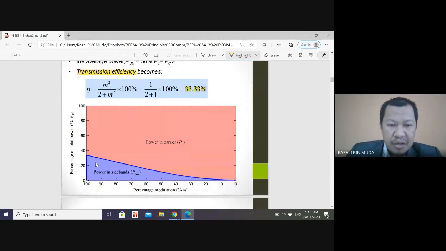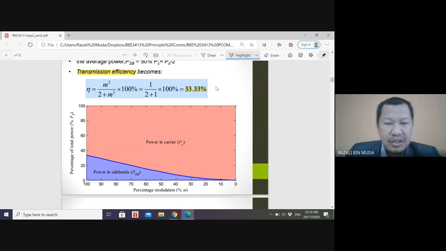From this figure, we can see clearly that when we change the percentage modulation, the power in the carrier and sidebands will change accordingly.